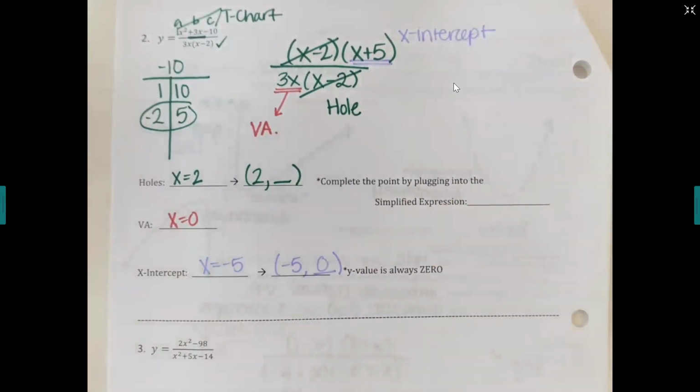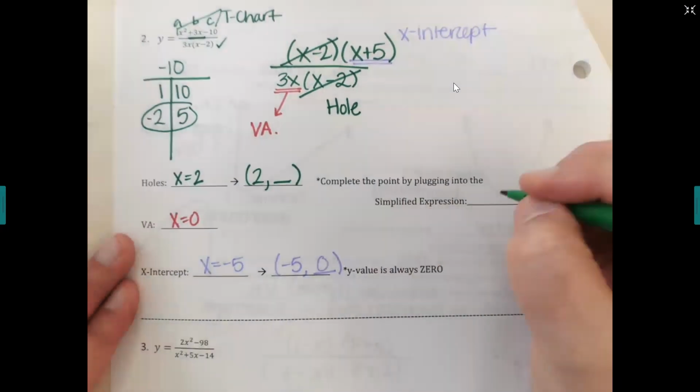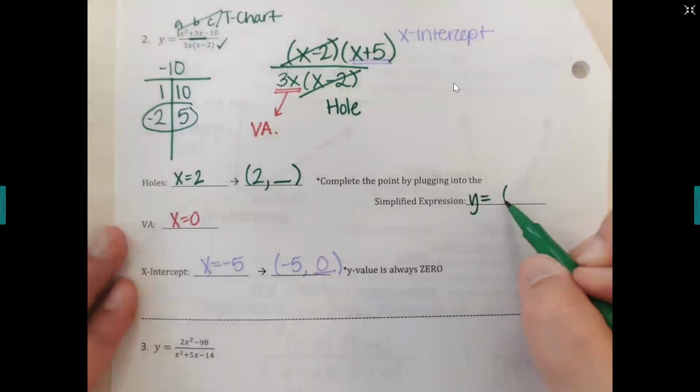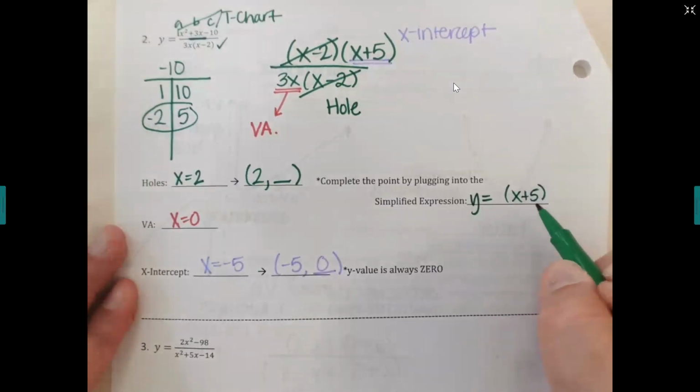Okay, now let's find the y value for 2. You are only going to put into your calculator the parts of the equation that did not cross out. So for example, I'm going to put y equals. What is going to stay on the top? x plus 5 on top, and on bottom, just a 3x.